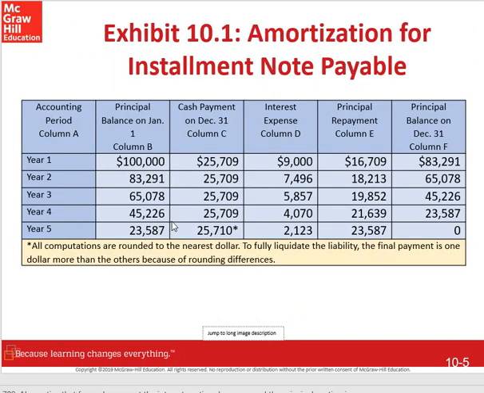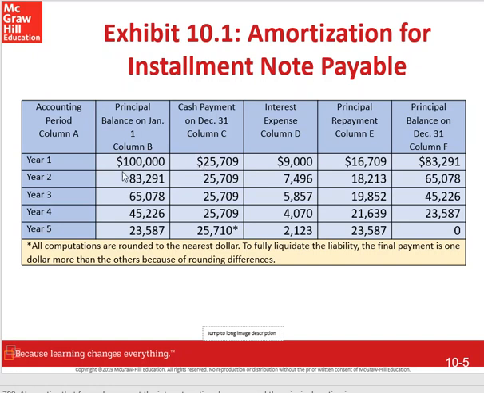Here, you just click the next slide and it's done for you. Isn't that great? Well, we should probably walk through and understand where the numbers are coming from, right? So at January 1st, year one, there's our original principal balance of $100,000. And then we're going to make a cash payment against that. So the question is, how much gets applied to interest and how much gets applied to principal?